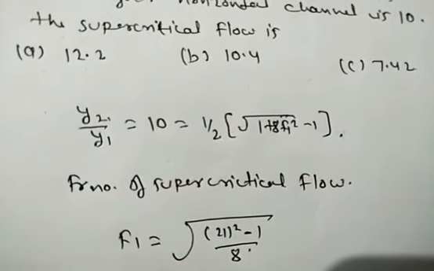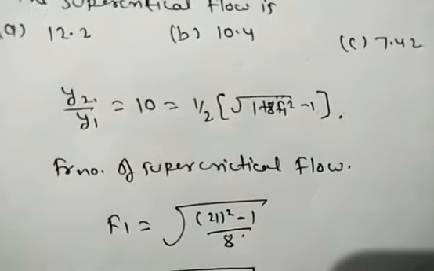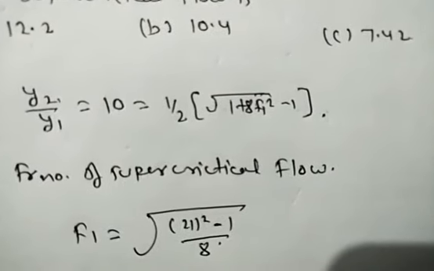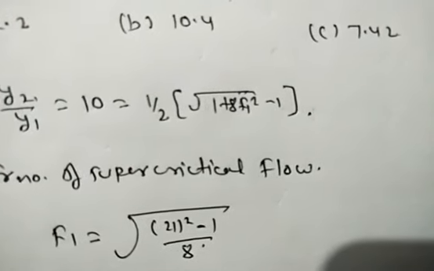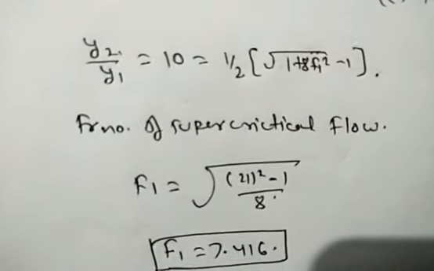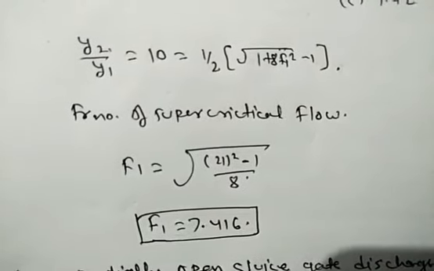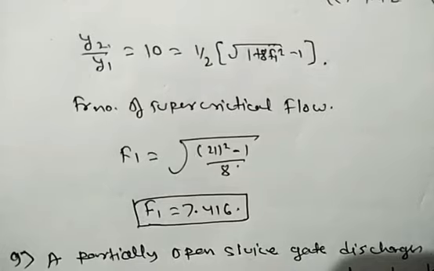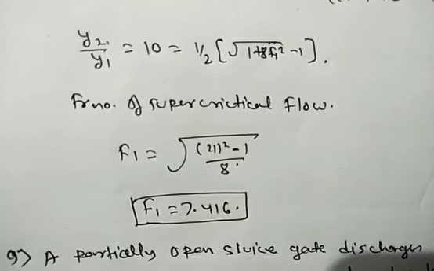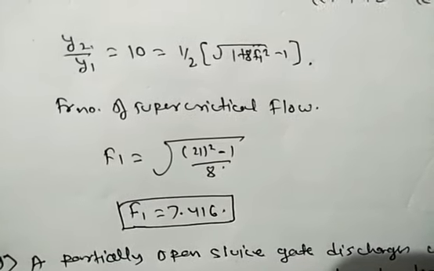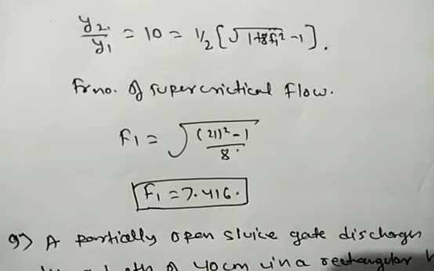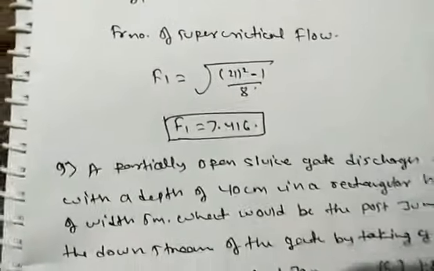Y2 by Y1 equal to 10 equal to 1 by 2 under root 1 plus 8 F1 square minus 1. Froude number of supercritical flow, F1 equal to under root 21 square minus 1 by 8, Froude number 7.416.